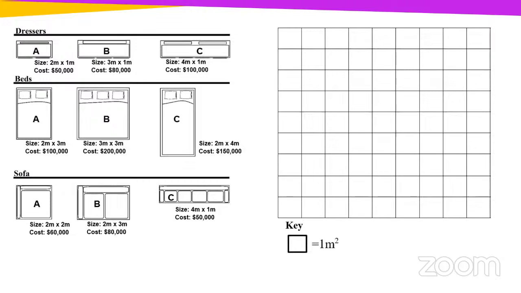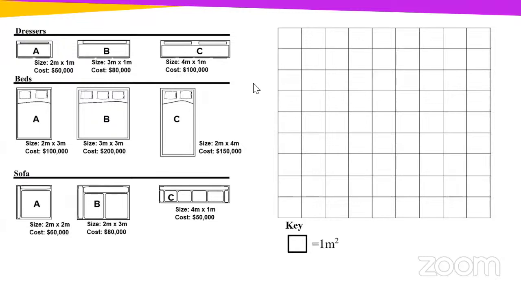How is it that we can represent dresser A on our grid? I'm seeing 2 meters by 1 meter. Good, 2 by 1.